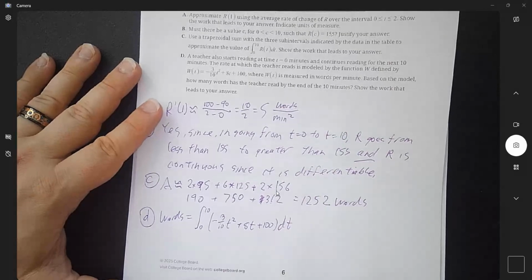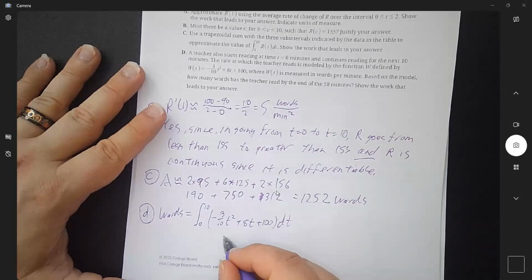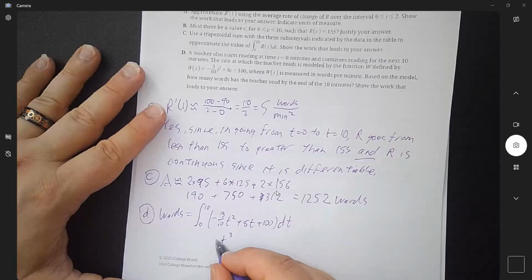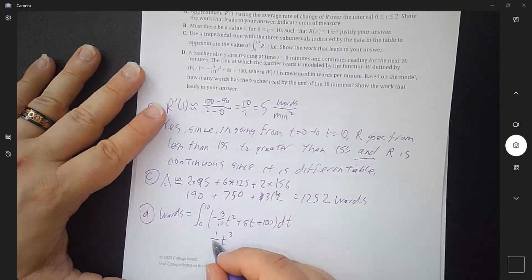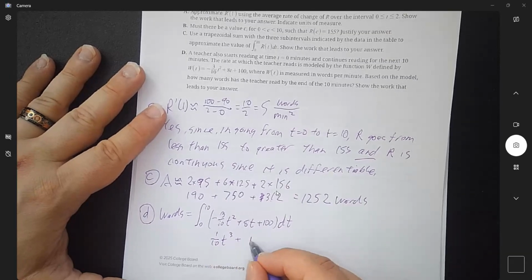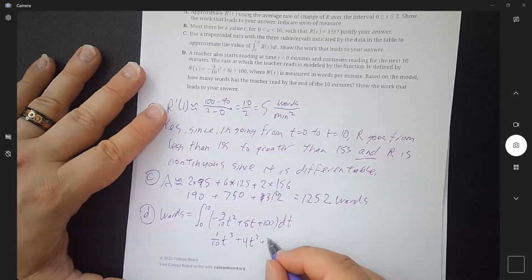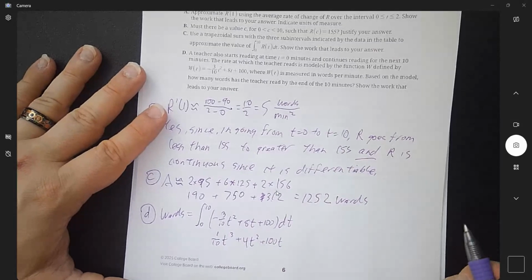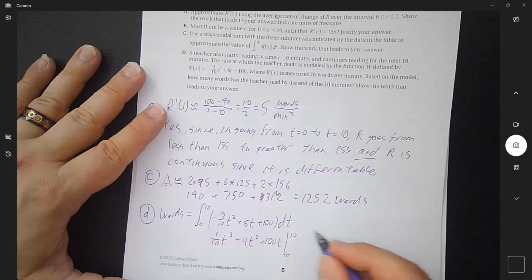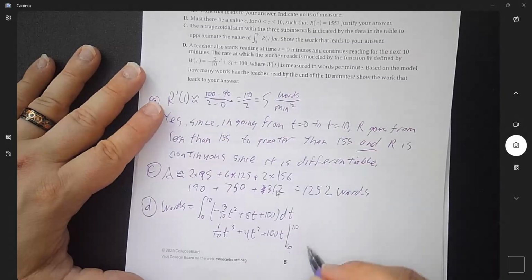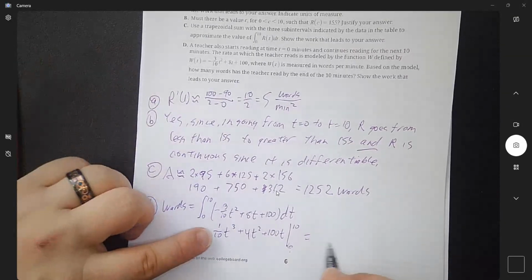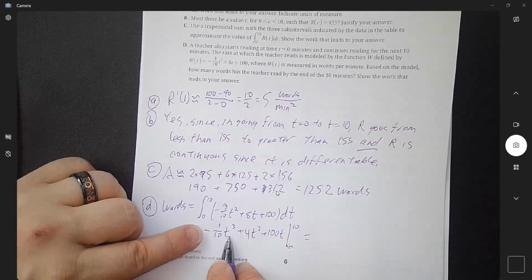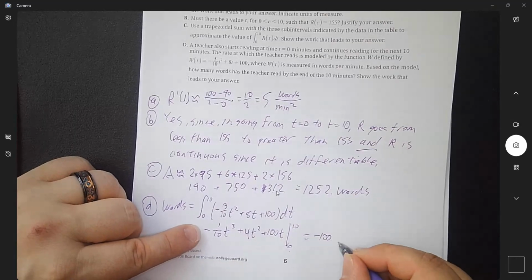Okay, so now we're going to raise up the power and divide by the new power. Plug in 0 and 10. Plugging 0 into a polynomial gives you 0. Plugging in 10 is going to give you negative 1/10 of 1,000, so that's negative 100.